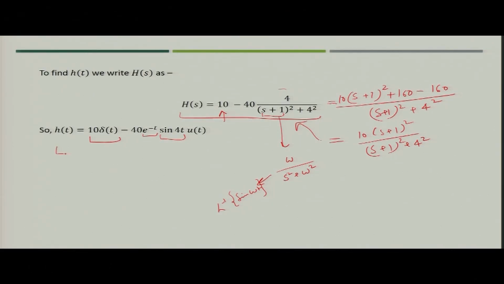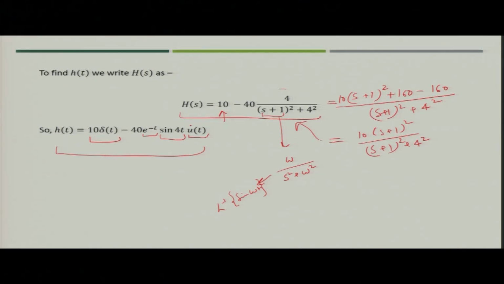So, finally, what you get is the transfer function Hs in this form, and then you can say Ht, that is the time domain value of Hs, which is nothing but the impulse response of the transfer function, meaning 10 delta t minus 40 e to the power minus t sin 4t, and then you multiply with the unit step function to say that this is applicable for time t greater than 0.